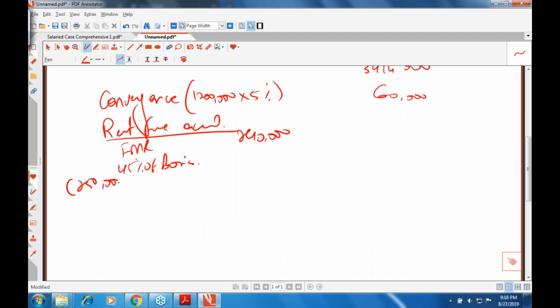So it's going to be 250,000 multiplied by 45% multiplied by 12. So this is 1.35 million. The amount to be included in the salary is the higher of these two. So this is going to be added to the salary.